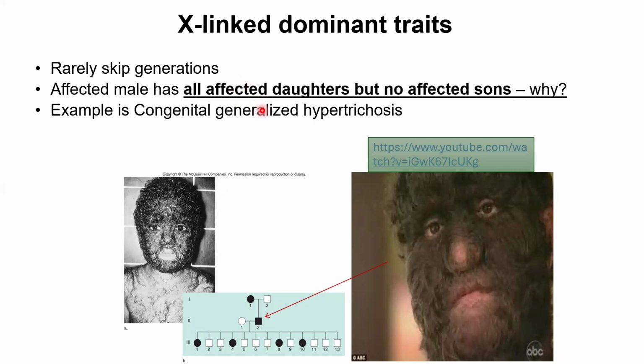So that would be dominant in itself. An example would be congenital generalized hypertrichosis, which just has terminal hair all over the body, like this person here, where they have hair all over the place.